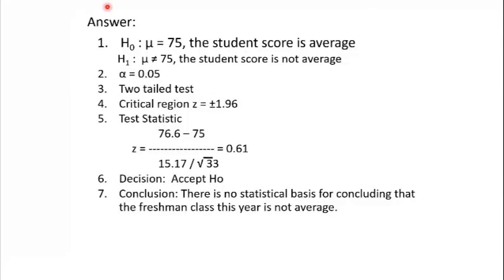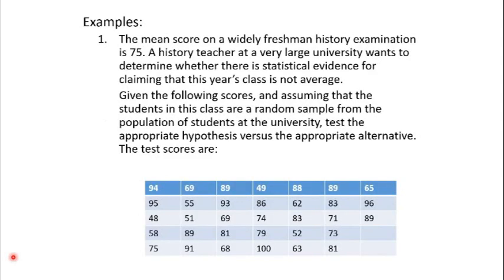Yung first natin is to determine daw yung H sub 0 natin, which is the null hypothesis, and we have the H sub 1. So, let's say we have here naman, yung given naman na natin is we have the mean score which is the 75. And we also have here naman na yung category natin na pwede natin makuha yung mismong value natin.